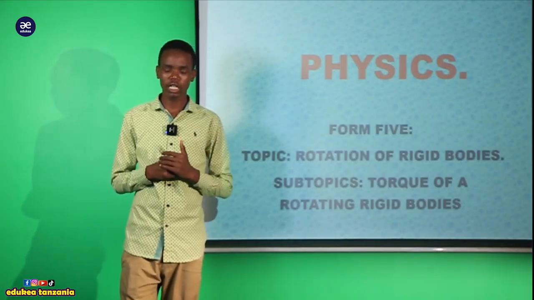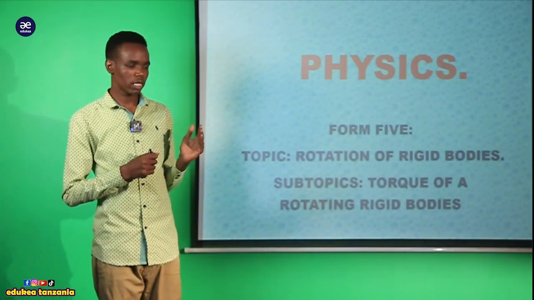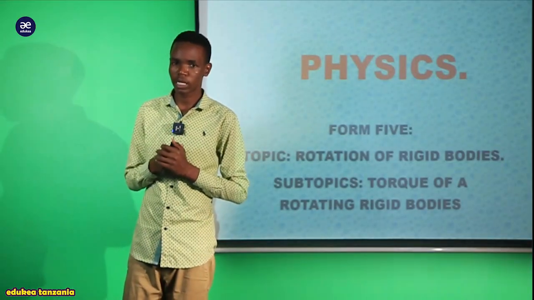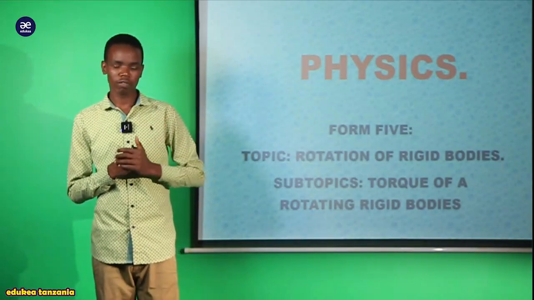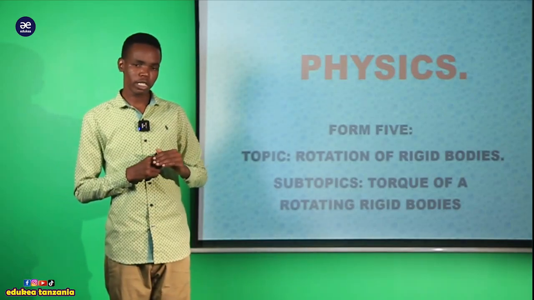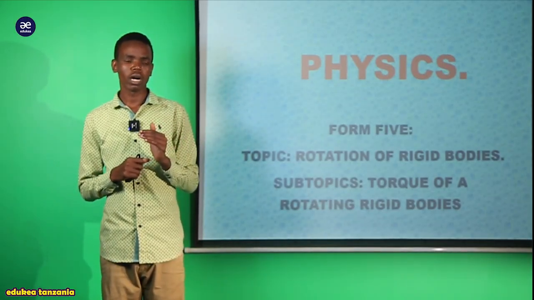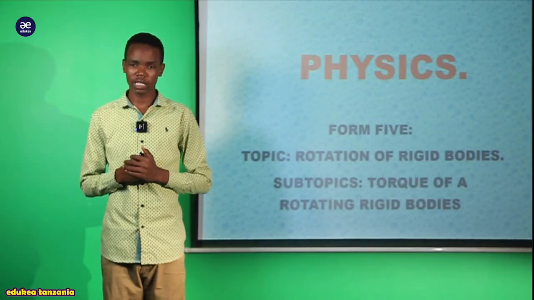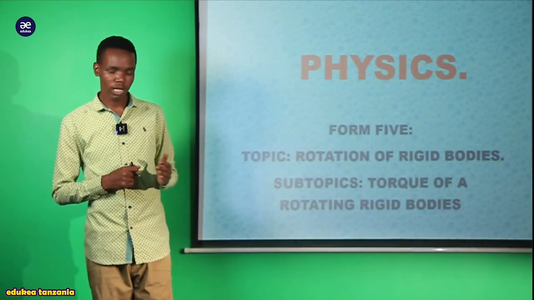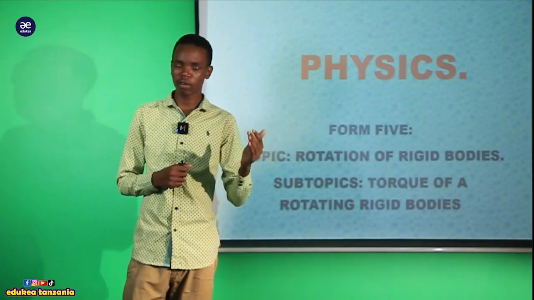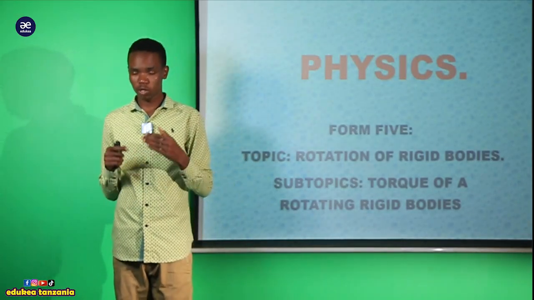Now the acceleration is obtained by taking the difference of their masses, then multiplying it by the acceleration due to gravity. We divide it by the summation of their masses, then add the moment of inertia divided by r squared. This is what we demonstrated, and after that we obtained the value of the acceleration, substituted and recorded.